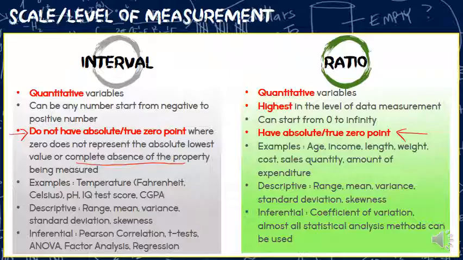Contohnya, saya tanya, what is your monthly expenditure? You may answer RM100 per month. Apa maksud belanja RM0? You tak belanja. So, itu maksud true 0 point. Bila 0 bermaksud benda itu tidak ada, tidak wujud.